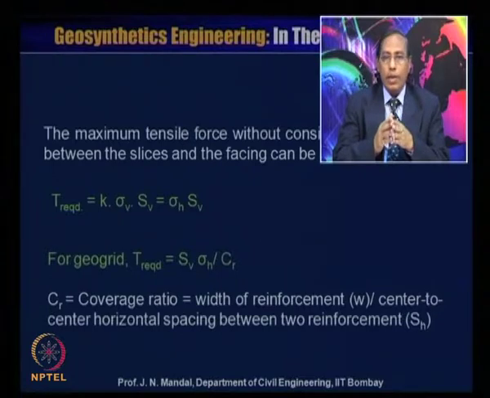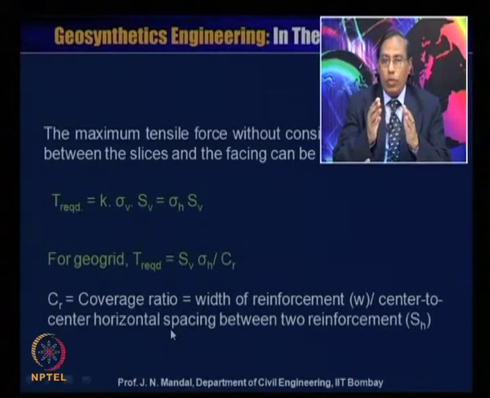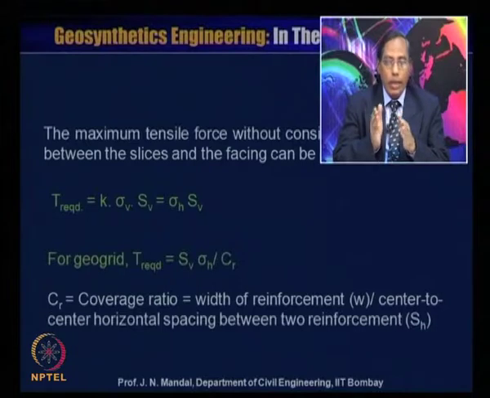For geogrid, T required is equal to HV into sigma H divided by CR. This is important: CR is called the coverage ratio, that is the width of the reinforcement W over the center to center horizontal spacing between the two reinforcements, that is SH.